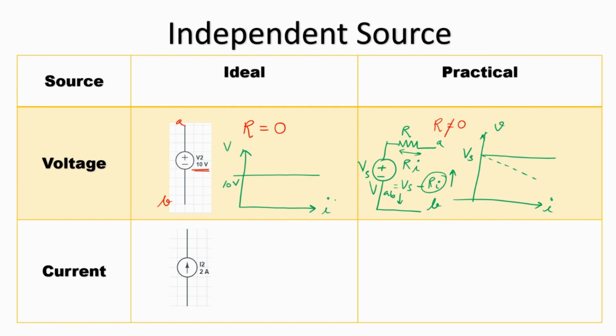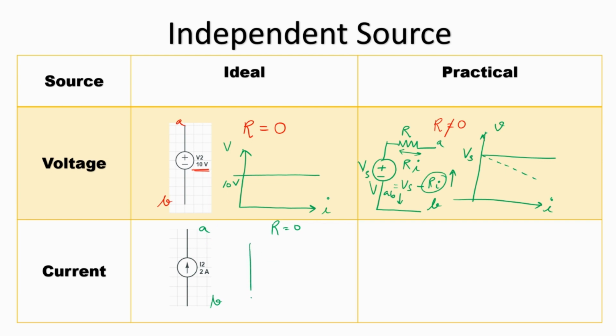Now coming to the current source. So an ideal current source will have the internal resistance as 0. So it is going to try to maintain the current flowing out of the terminal A constant. So this current source I2 is going to try to maintain the current coming out of terminal A to be constant at 2 amps.